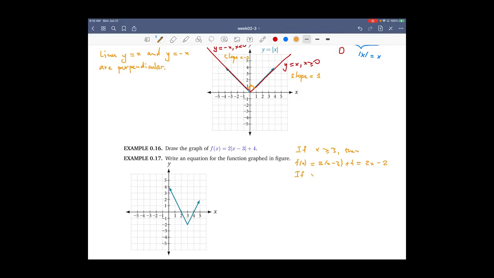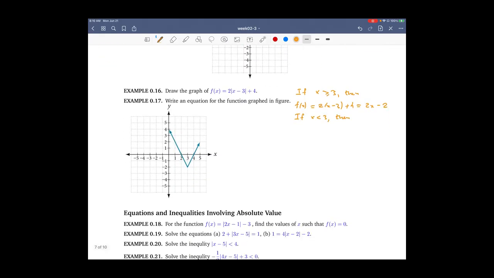And if x is to the left of 3, our function can be expressed as 2 times 3 minus x, the opposite of x minus 3, plus 4, which is the straight line negative 2x plus 6 plus 4, that is, negative 2x plus 10.